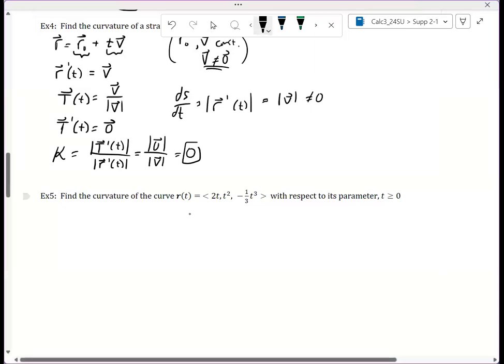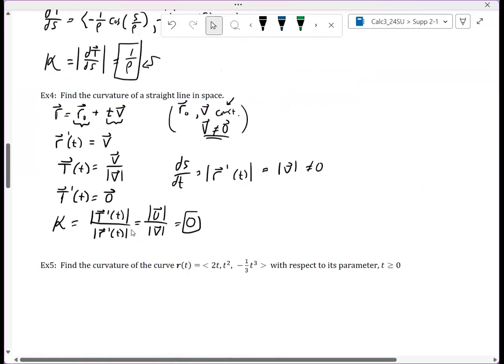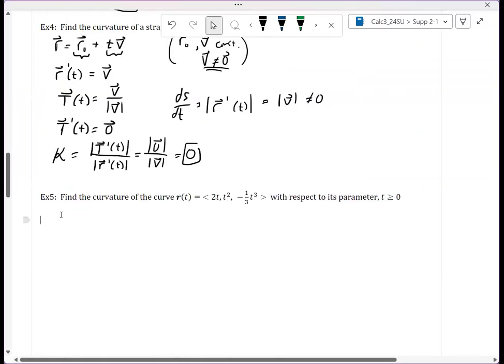I gave an example using the first formula, and an example using this second formula here. Let's look at an example using this third formula. So I'll copy this formula down here. This is the formula we're going to use.